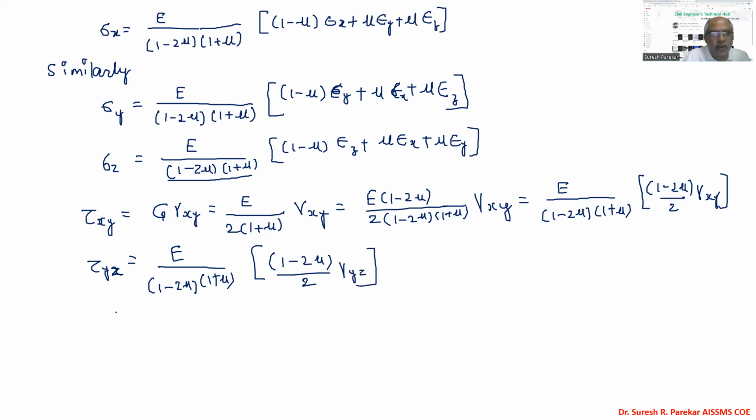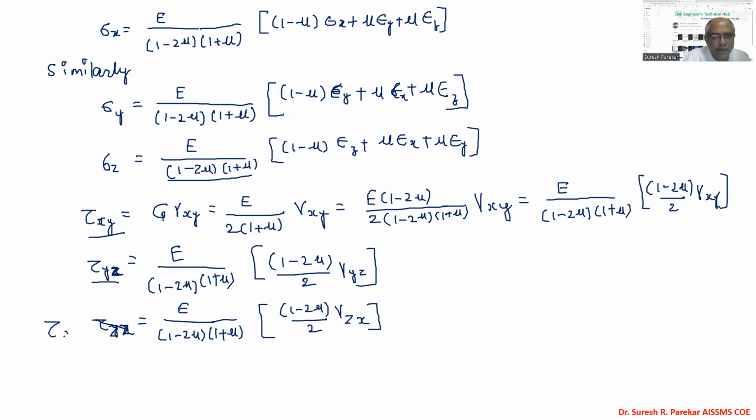And for tau zx, into gamma zx. This is tau xy, tau yz, and this is tau xz or zx, one and the same. And then likewise, we are going to get this equation.